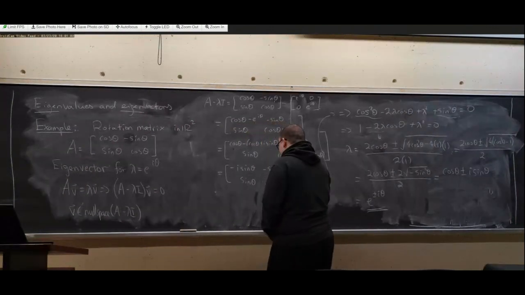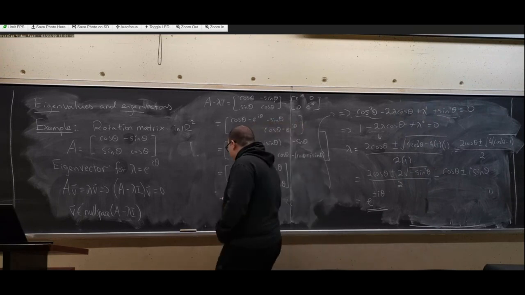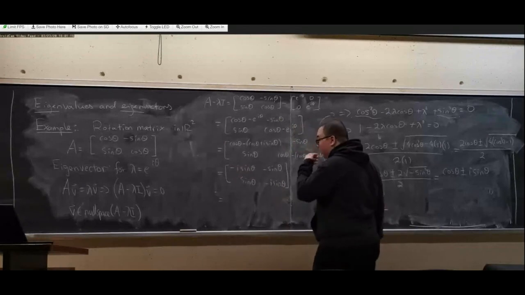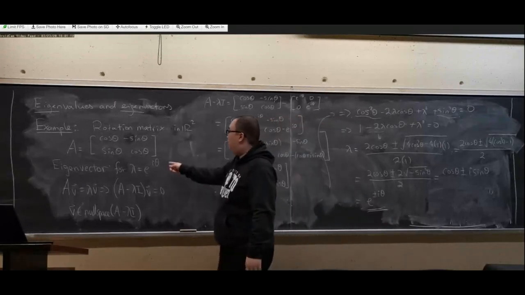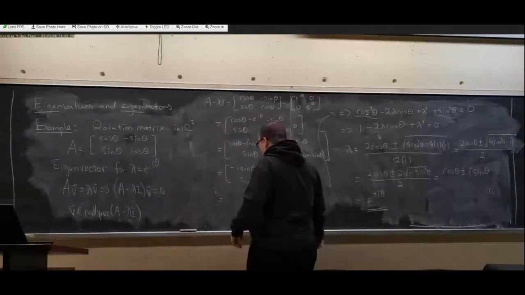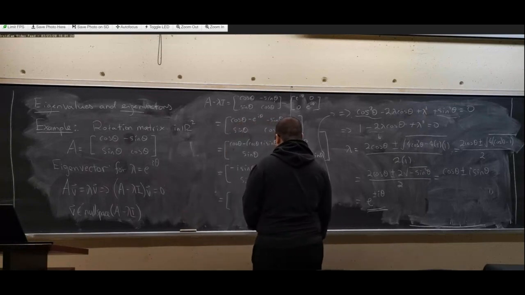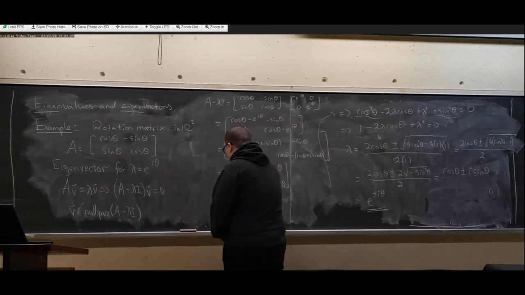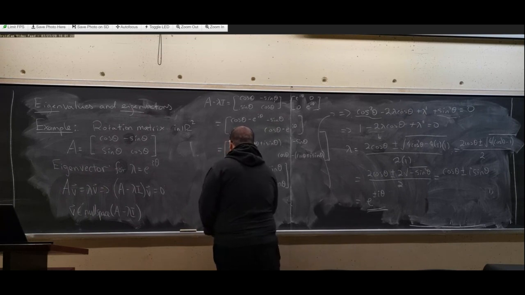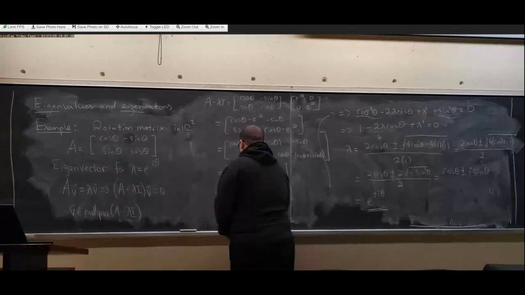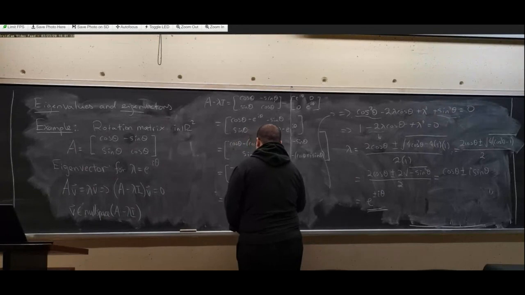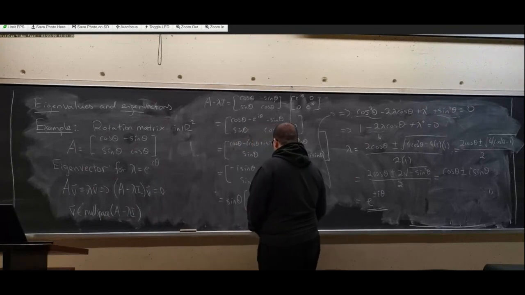Oh, look at this. I can factor out the sine theta from every single part because, again, theta doesn't really matter anymore. So this is the same as sine theta times the matrix minus i, minus 1, 1, and minus i.